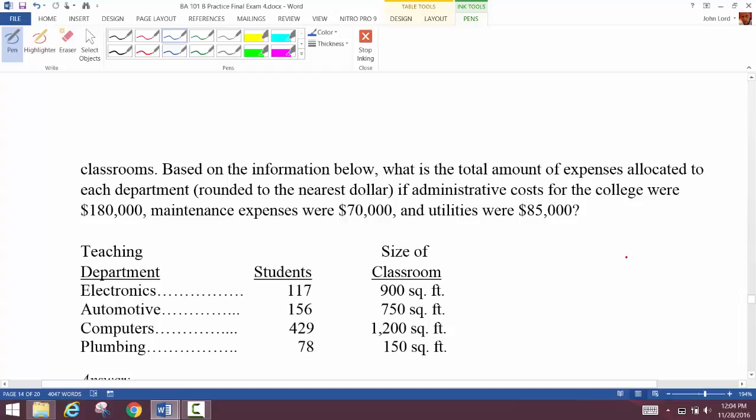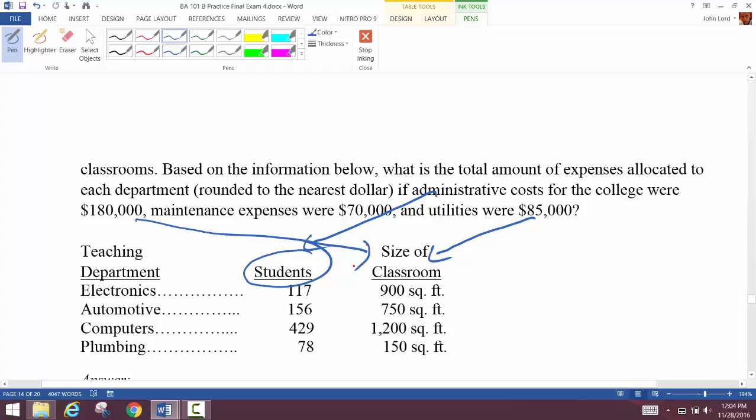So they're going to allocate the administrative by the number of students, and they're going to allocate the maintenance and utilities on size of classroom, which is kind of silly because I would think different disciplines would share different classrooms, but whatever.